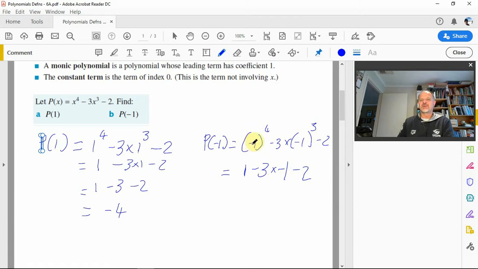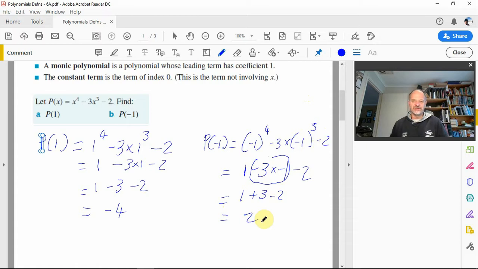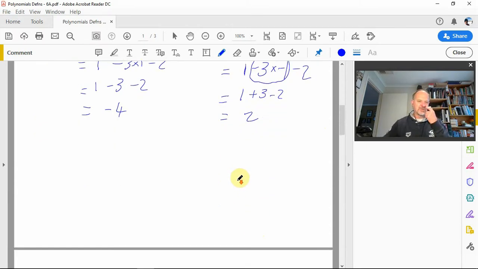Two negatives make a positive, so if you've got an even number, then they'll all pair up. If you've got an odd number, there's going to be one odd man out. That's another way of looking at it. So 1, here -3 times -1 is +3, minus 2. 4 minus 2 should be 2, I believe.